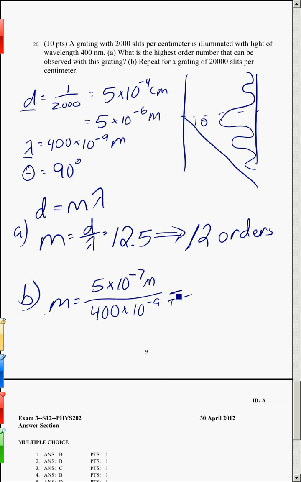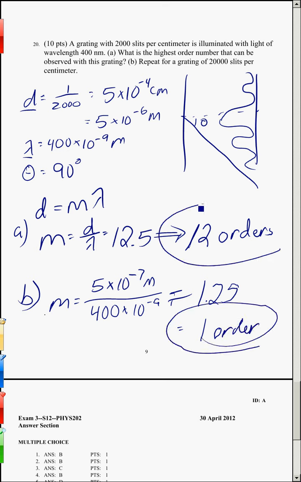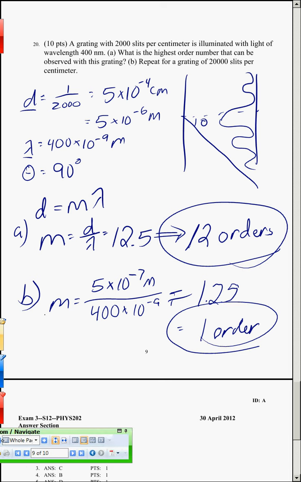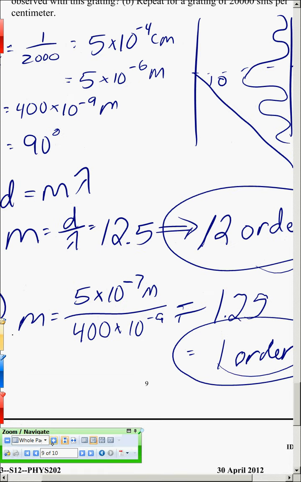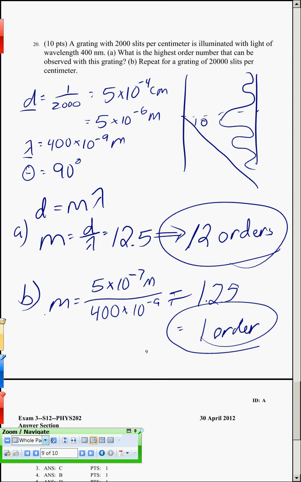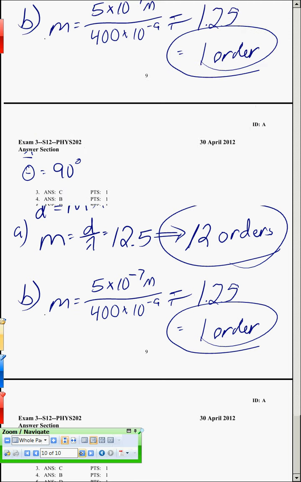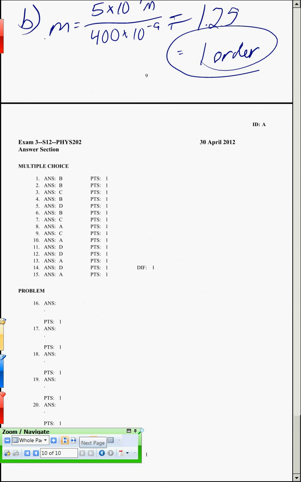That's equal to 1.25, which means that you just get one order. Alright, there are the multiple choice answers.